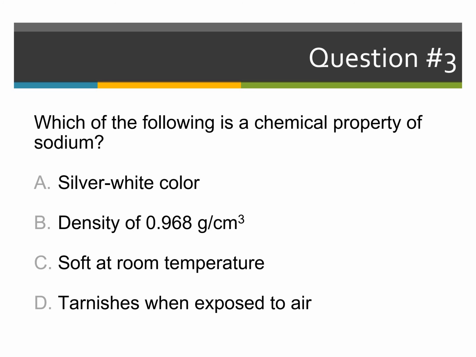Number 3, which of the following is a chemical property of sodium? Once again, take a couple of seconds to look through the answer choices. Think about which ones you think might be correct for chemical properties, and we'll review it together in a minute.